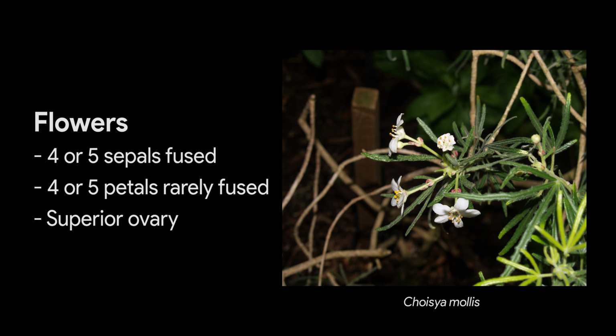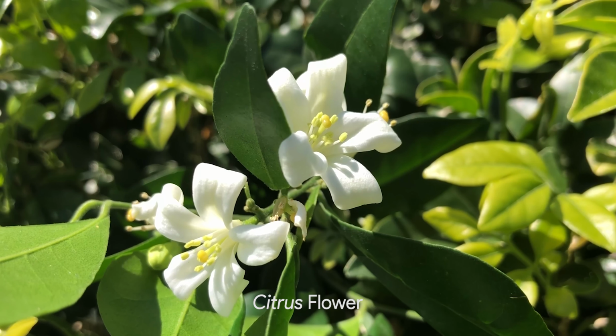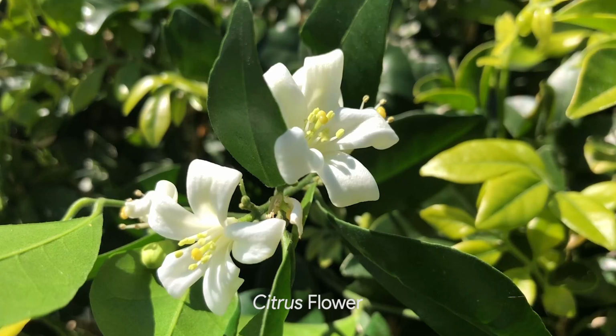Sepals are fused a little or a lot, but petals are rarely fused or joined to each other at the base. The gynoecium, or fused ovaries, are superior, sitting above the base of the petals.